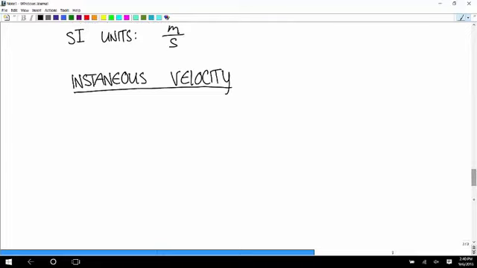So let's say you choose an instant that's represented by the time t.